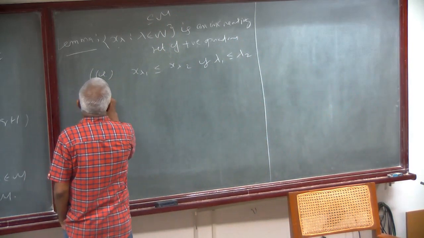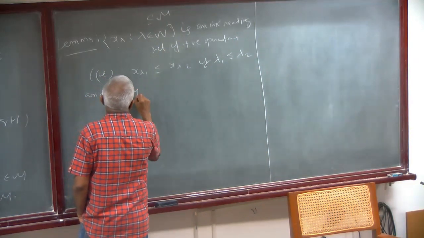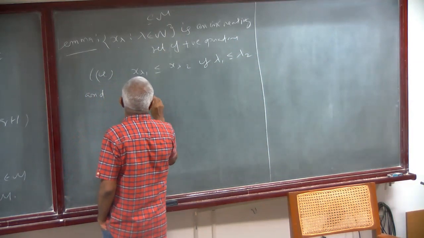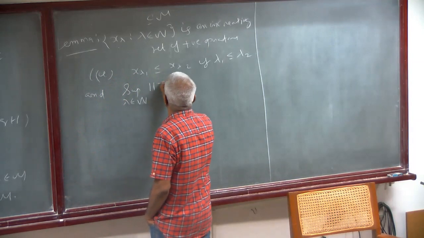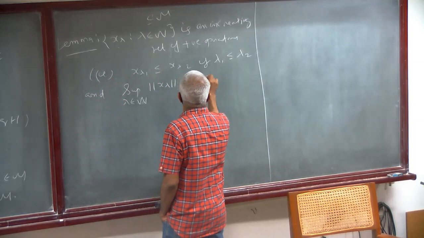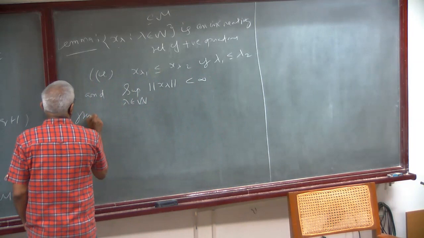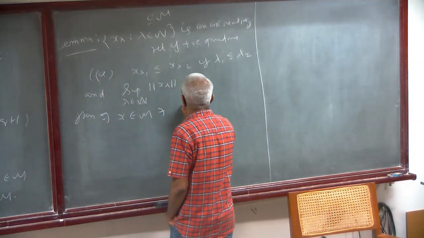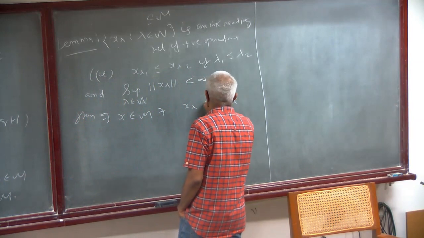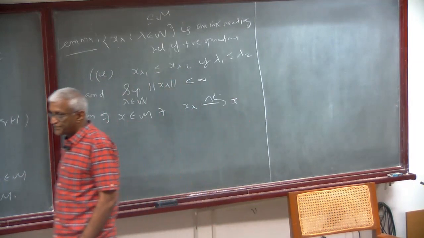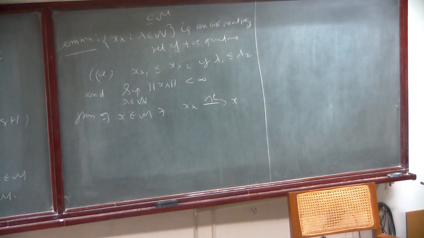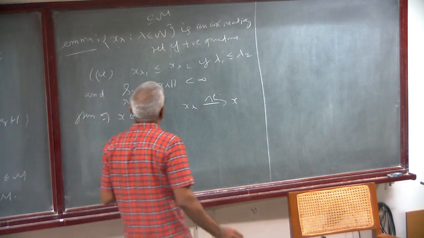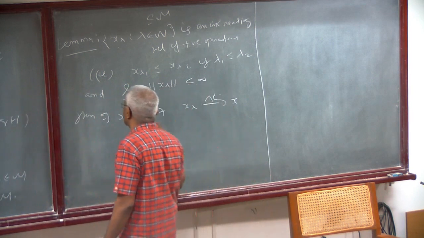And if it is uniformly bounded in supremum, then there exists x in M such that x lambda converges to x strongly. That's all. So you have a uniformly bounded increasing net of positive operators, then there exists a limit.